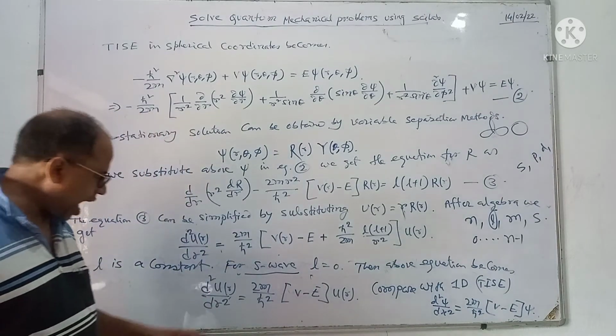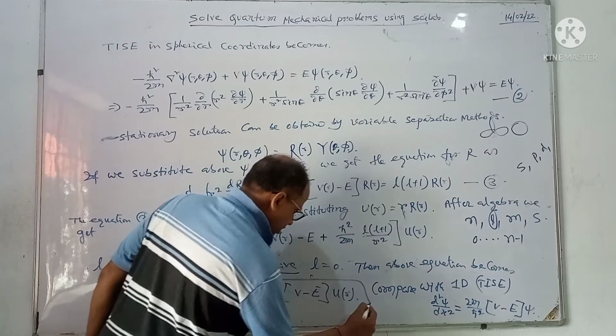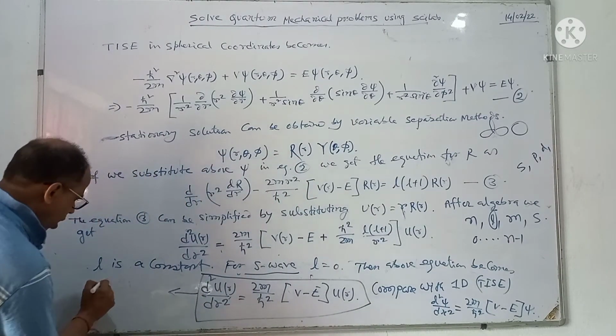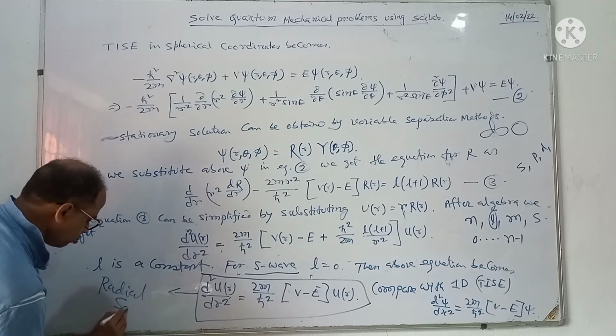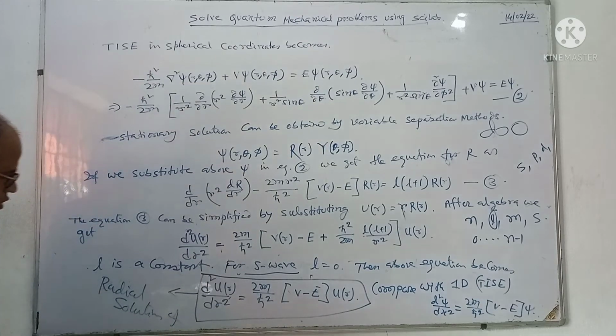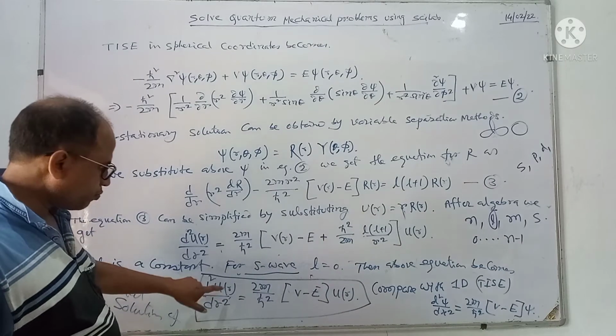Same. Therefore, this equation is called the radial solution of Schrodinger equation. Fine. I will use this one.